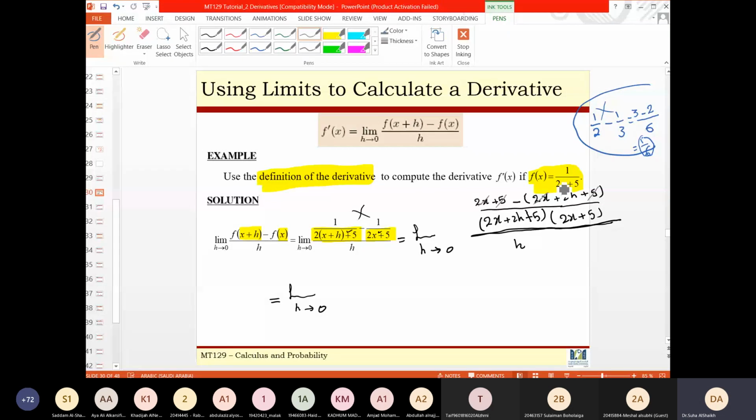And I remain with minus 2h, all divided by 2x plus 2h plus 5, multiplied with 2x plus 5. And down there I have h. Now great, on top I have h, down I have h. They will cancel.